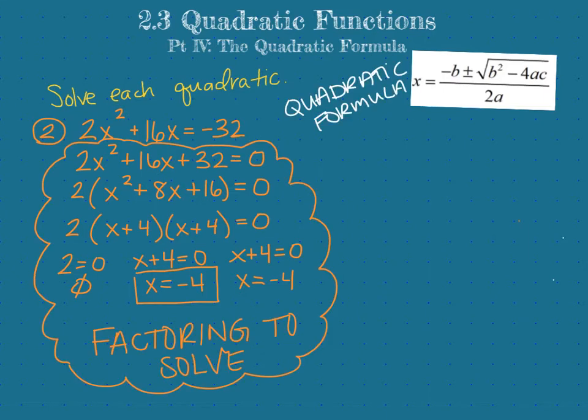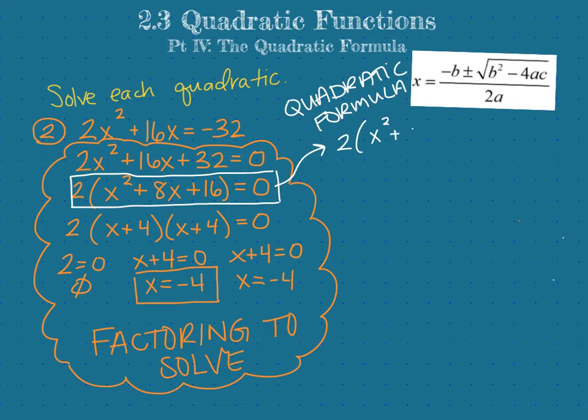Let's now use the quadratic formula to solve. What I'm actually going to do is from this point right here, we factored it pretty nicely. I'm going to start with this point right here, this factored version instead of the original.